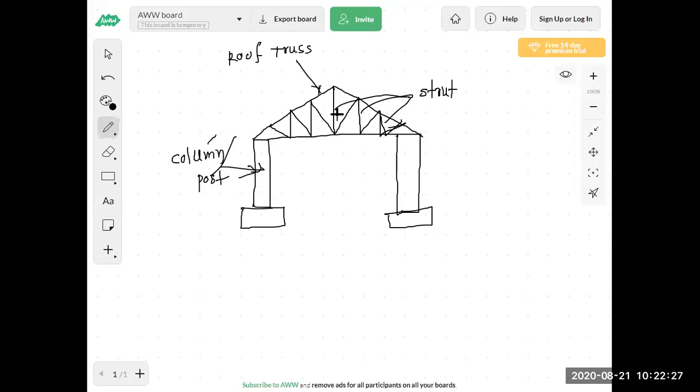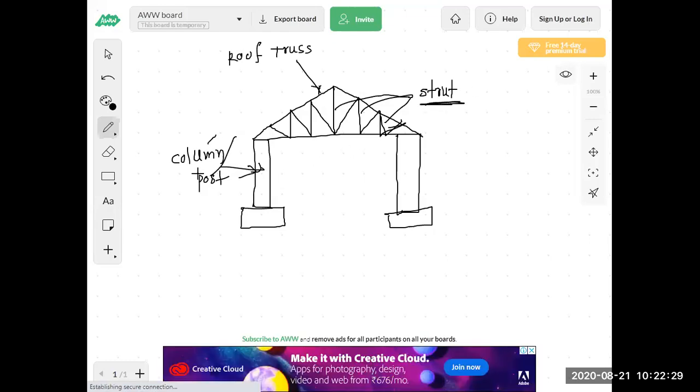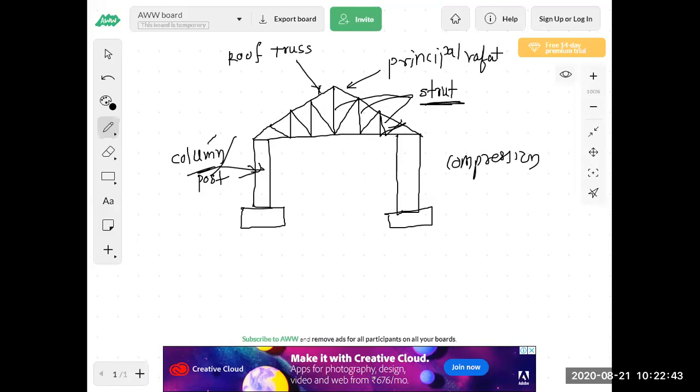This underlying member is under compression. Also this member is the principal rafter. The principal rafter is also under compression. So the column is supporting the girder or any floor.